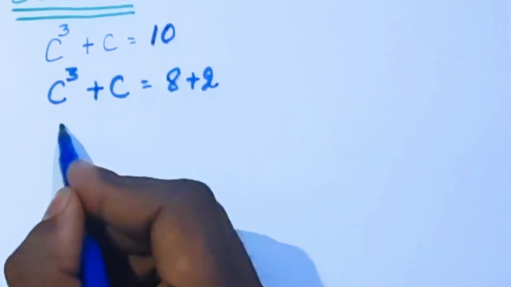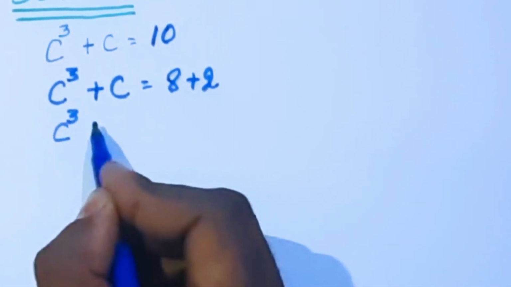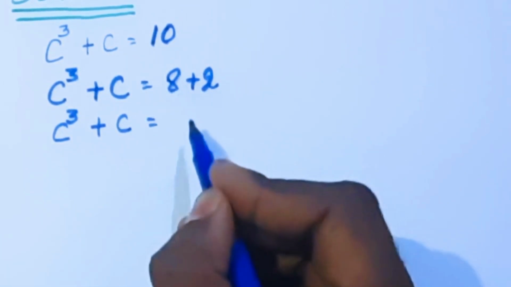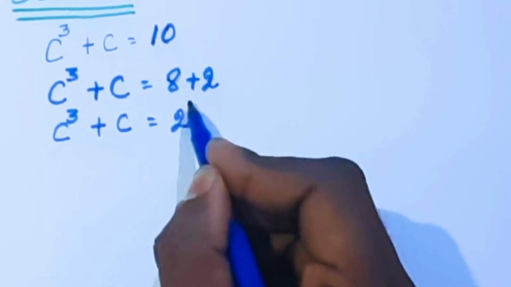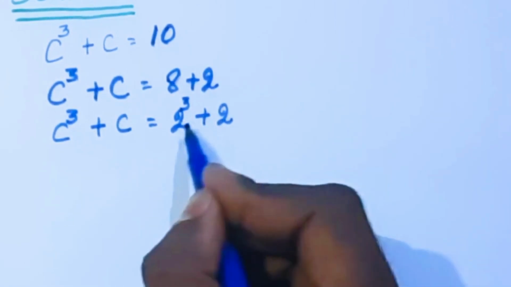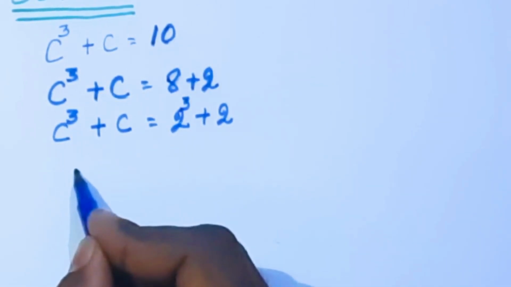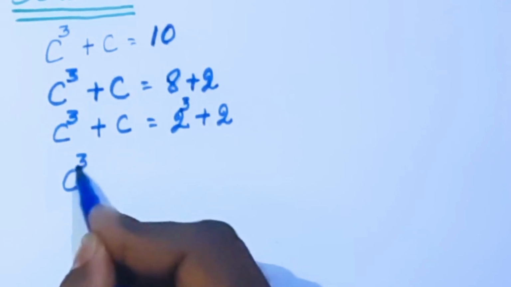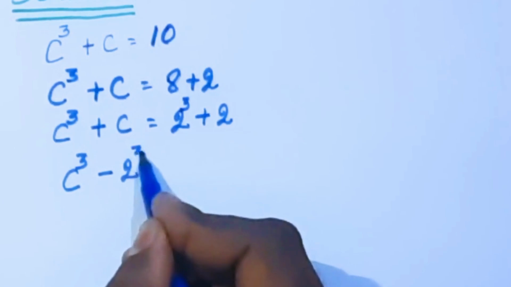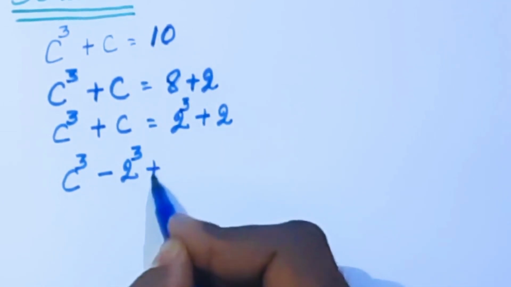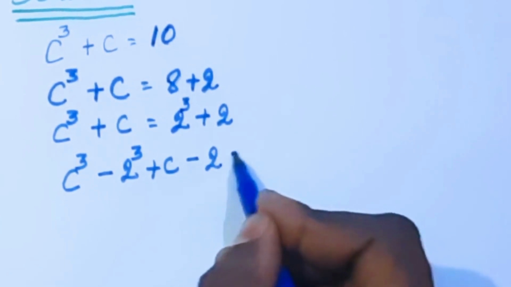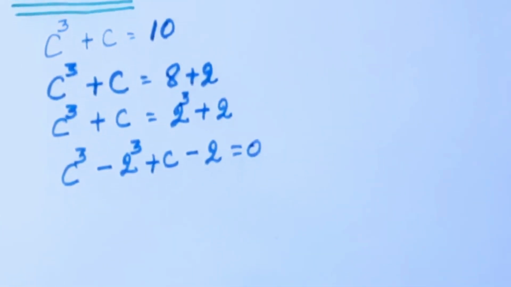So C to the power of 3 plus C equal to, this 8 can be written as 2 power 3 plus 2. Moving this to the left hand side, so C power 3 minus 2 power 3 plus C minus 2 equal to 0.